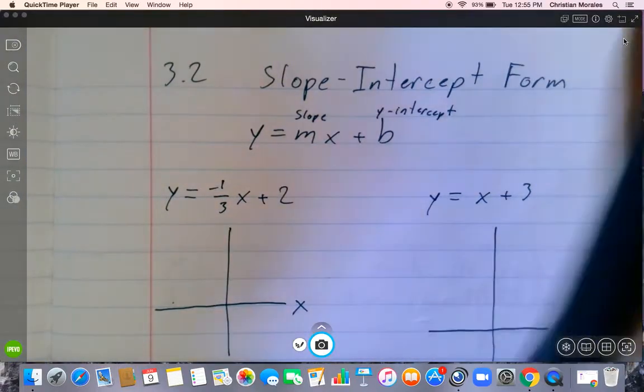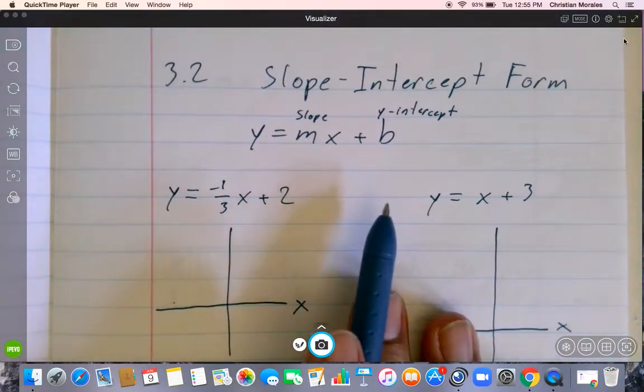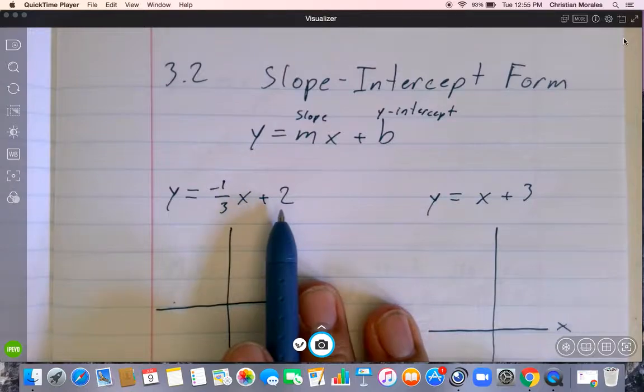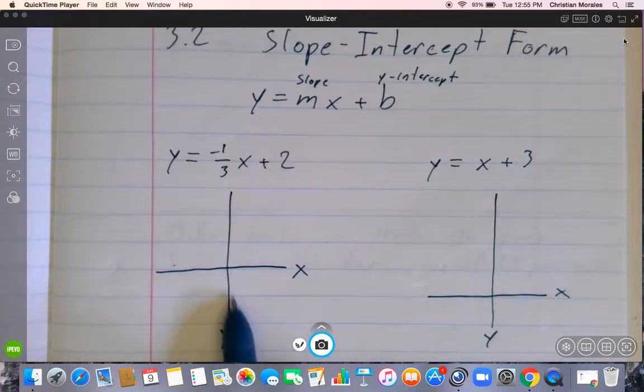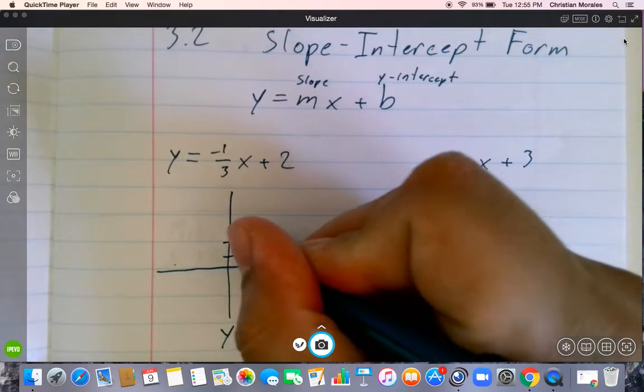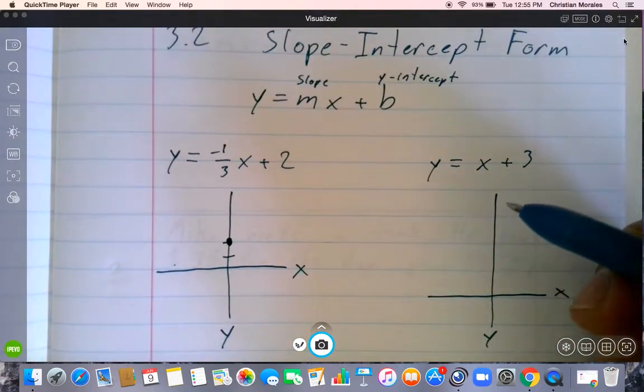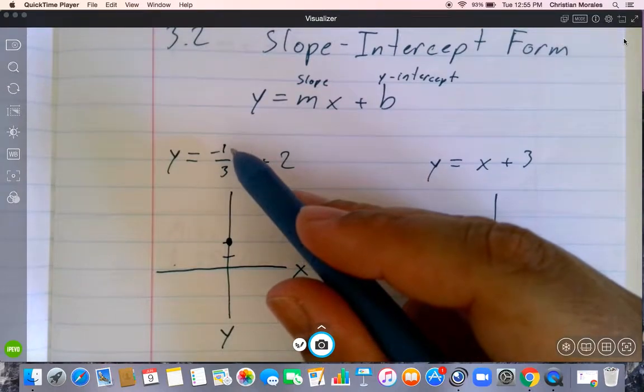So here's how it works. Slope intercept form tells you where the line touches the y-axis. So in this case, it's at 2. So 1, 2. That's the y-intercept. Your slope tells you which way the line is moving.